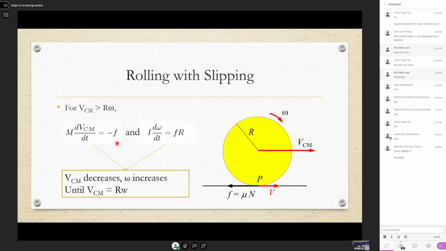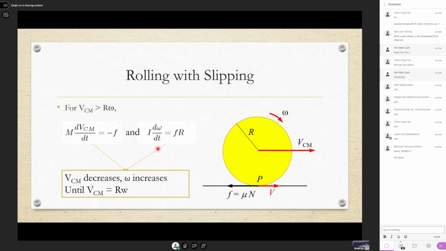For the translational motion of the ball, MA equals minus F. This friction acting in the opposite direction is trying to slow the whole ball down. Looking at the macro scale, it's moving to the right, there's friction pointing to the left, so it's going to get slowed down.